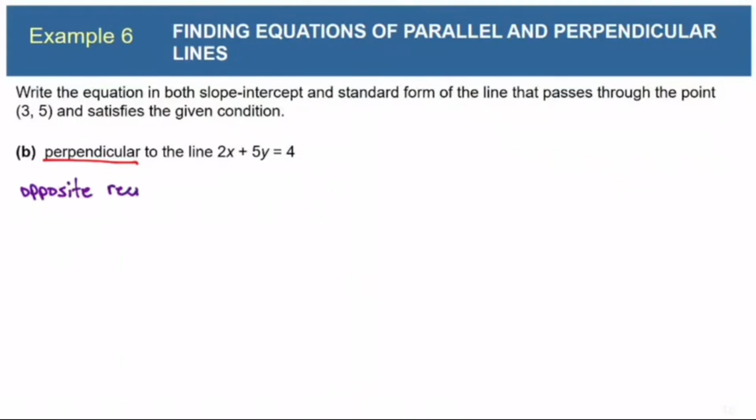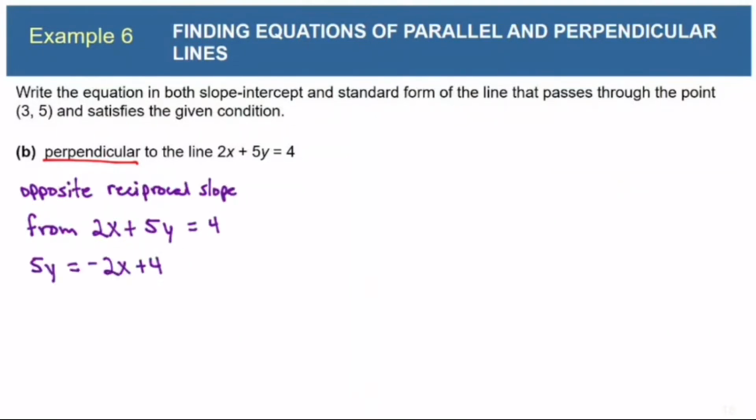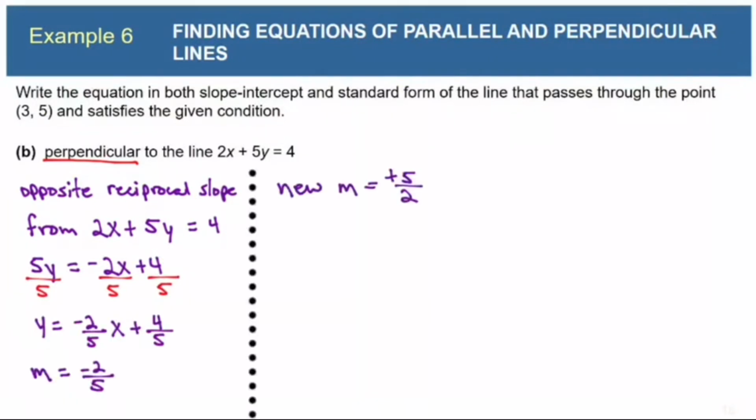Now you'll remember in part A we just found the slope of this line, and we found out that that line's slope was negative 2/5. So the slope of our new perpendicular line will need to be positive 5/2. We change the sign and we flip the number over to get the opposite reciprocal.